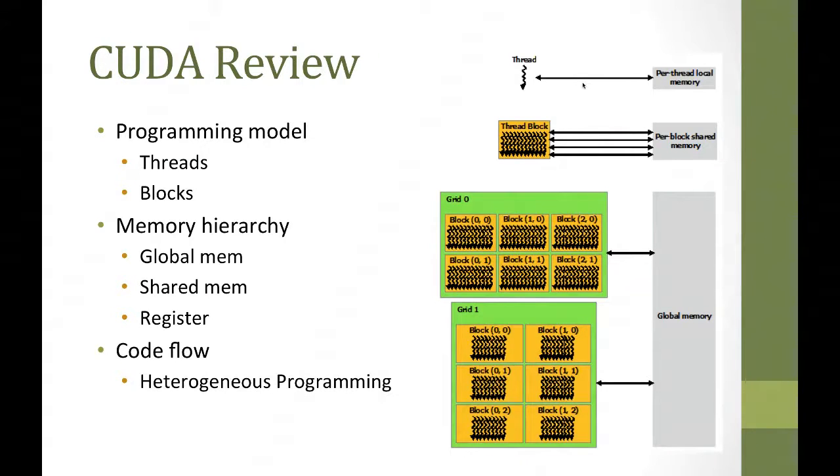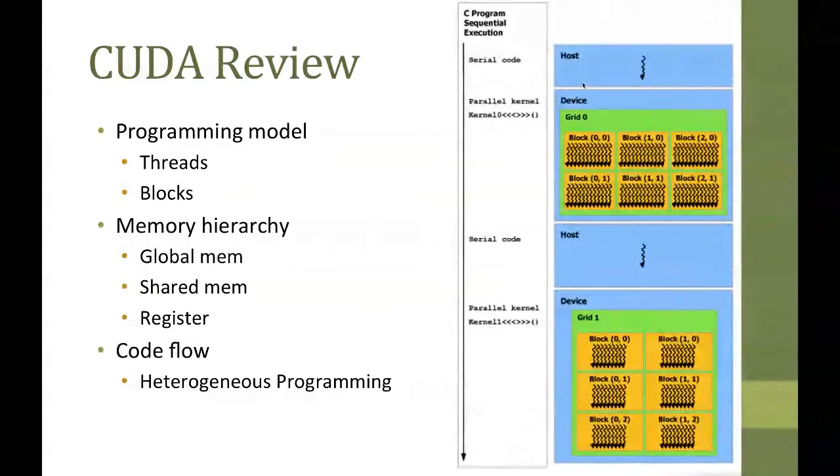The basic code flow of CUDA is the heterogeneous programming model. For example, if we execute a sequential C program, we have one or multiple threads in our host code. Then one thread in the host code can execute the kernel on the device.